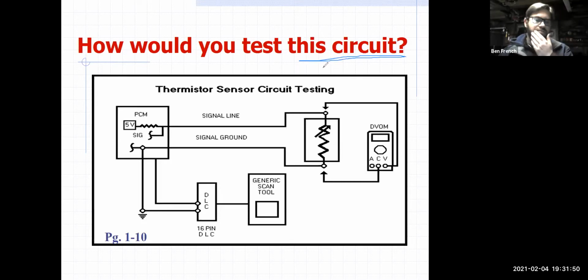Let's say I think there's something wrong with the temperature circuit of the car. Maybe the car's running weird, right? Maybe it's running too rich all the time. So I think maybe there's something wrong with the coolant temp sensor, and the computer thinks the engine's cold when it's really not cold or something. Okay. How could I test this circuit out? What do you guys think?